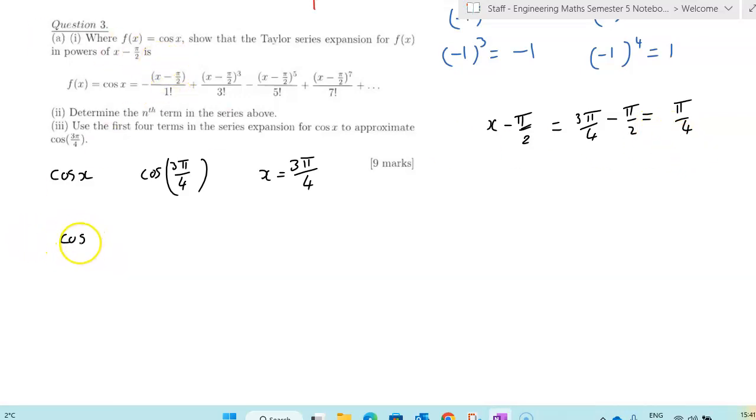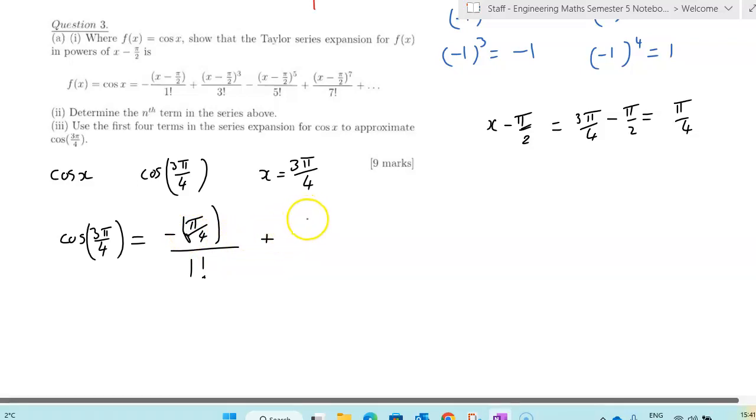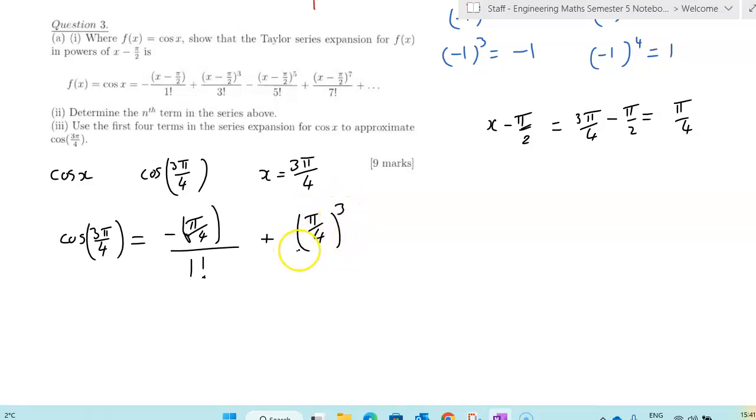So then cosine of 3 pi over 4 is equal to minus, for the bracket, we can just write pi over 4, which is x minus pi over 2, divided by 1 factorial, which is just 1, plus, again, inside the brackets, we can write pi over 4 cubed over 3 factorial, minus pi over 4 to the power of 5 over 5 factorial and plus pi over 4 to the power of 7 over 7 factorial.